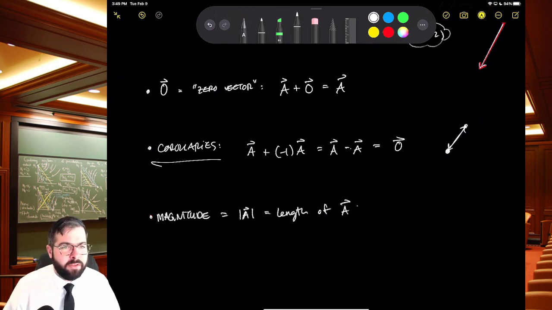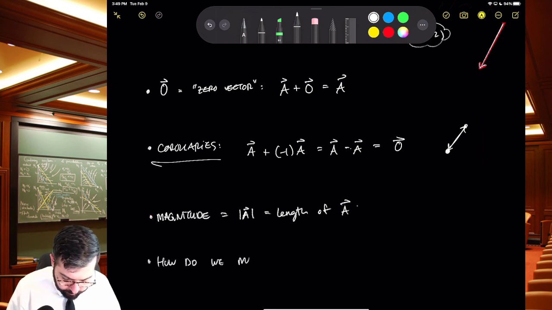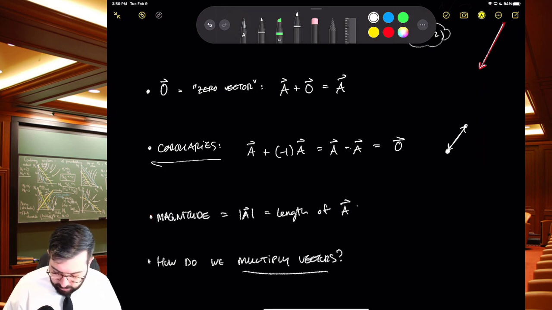And what else did we need? I had something else here. Oh yeah, how do we multiply vectors? Short answer is we can't. The long answer is we kind of can, and we're going to unpack it over the next 2 sections. All right.